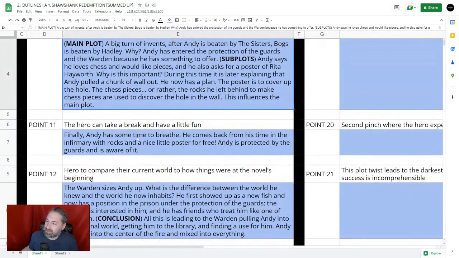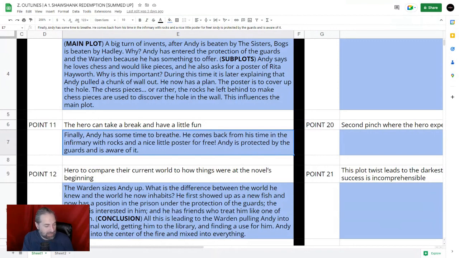So finally, Andy has some time to breathe. He comes back. He's not dealing with the sisters. And more importantly, he got out of the infirmary. He got his poster, and he's protected by the guards. So we get to see how he learns, how he builds relationships with Red, and how he builds relationships with the other people involved.